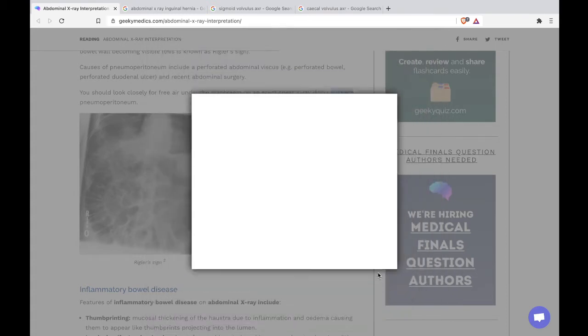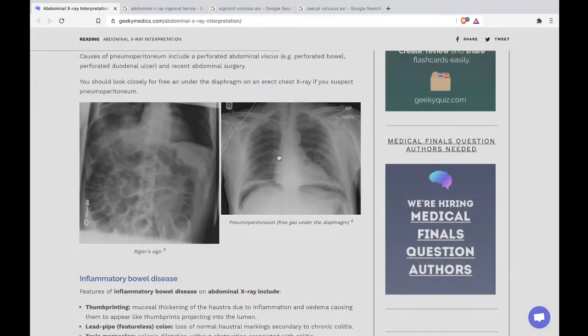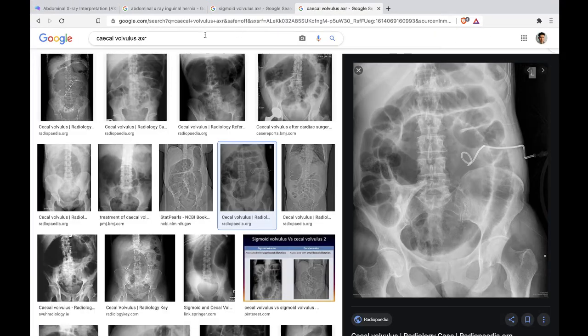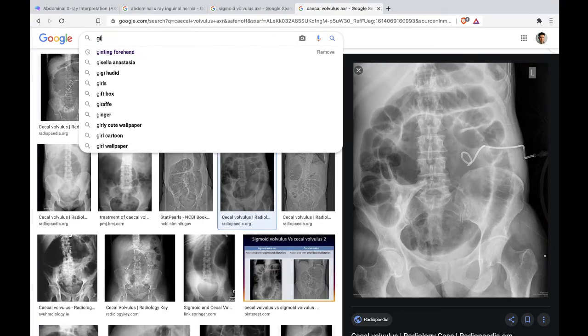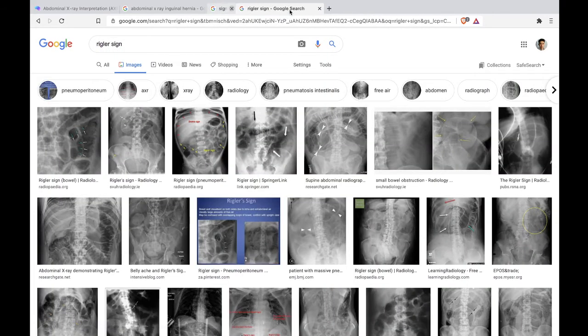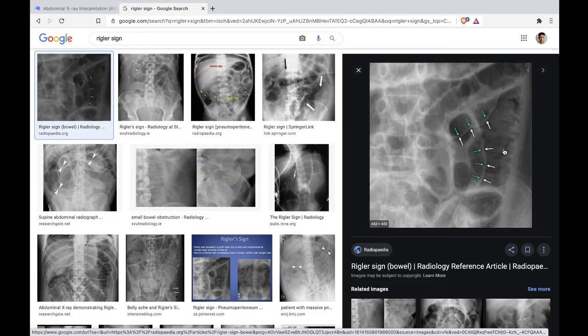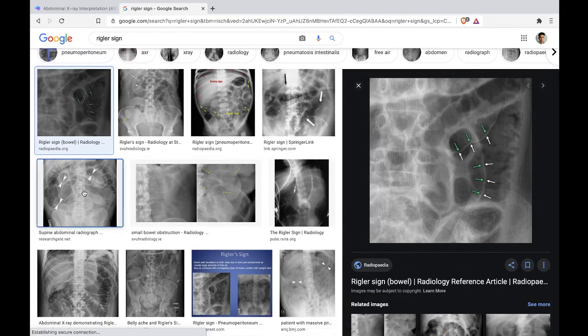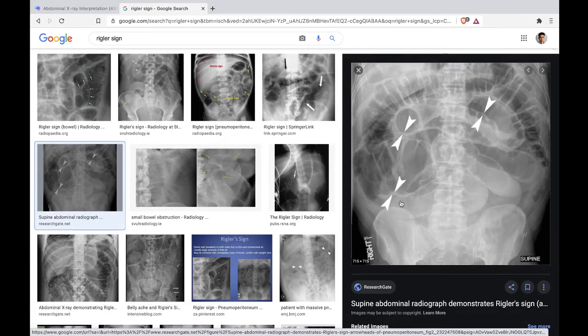Before we jump to wrong conclusions, let's look at Google images for Rigler's sign. Yeah, you can see both sides. It's like a straight line, and then on both sides of the line is gas. It's black on both sides of the line. That's what you call a Rigler's sign.